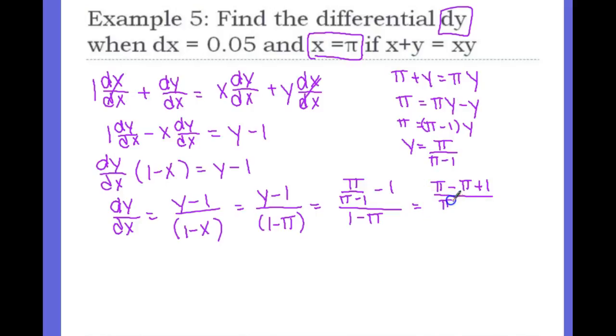So then this becomes pi minus 1 times 1 minus pi. The pi's cancel, and I get 1 over... I pull in a negative, yeah, minus 1. So I pulled out a negative so I could square the bottom.